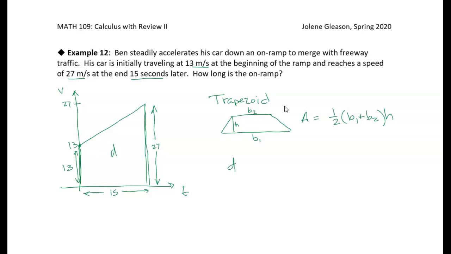So the distance is equal to 1/2 times the sum of the two bases, which is 13 plus 27, so basically the average, and times the height. Now in this case, because we've turned our trapezoid on its end, our height is 15 seconds. So if I calculate that out, I get 300 meters.